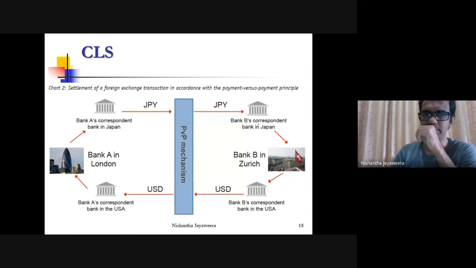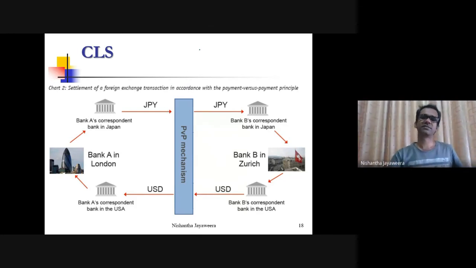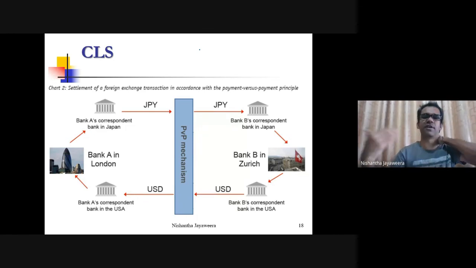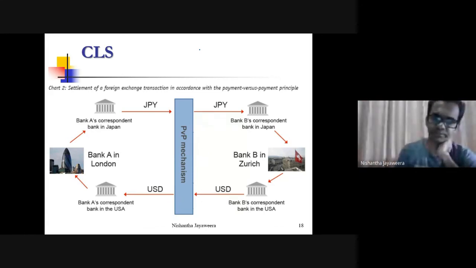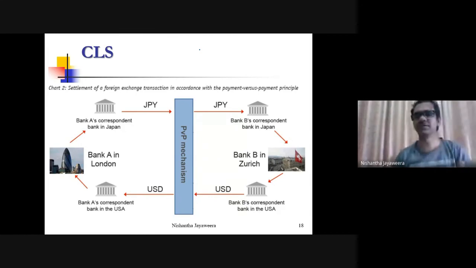But to do that, you have to maintain an account with CLS. Most probably, you have to park the funds one day in advance to make sure that the trade is settled smoothly. So then this will eliminate the settlement risk.